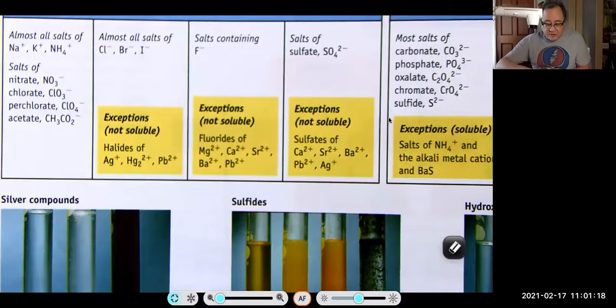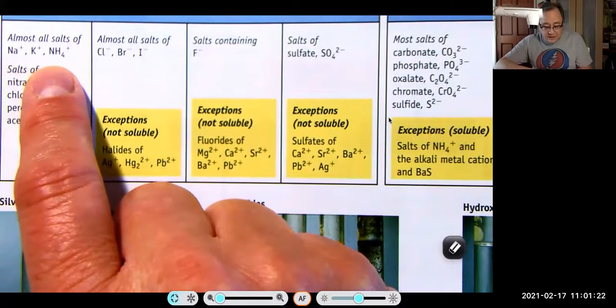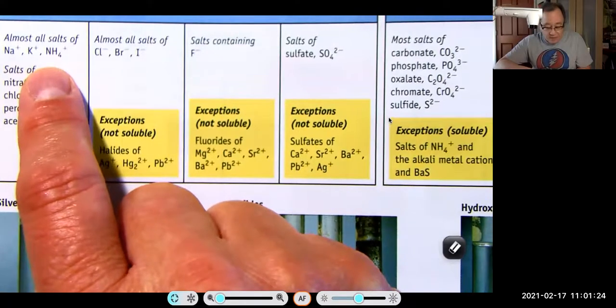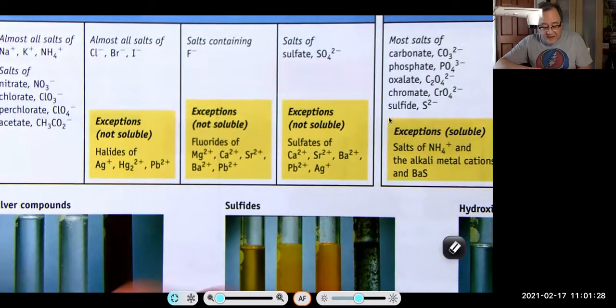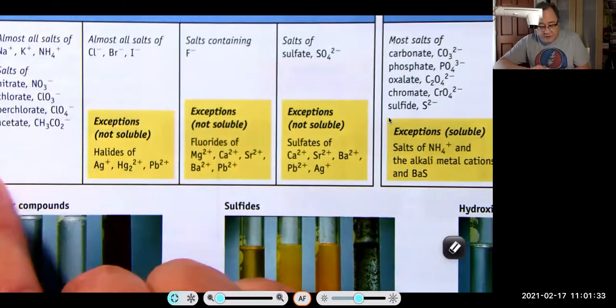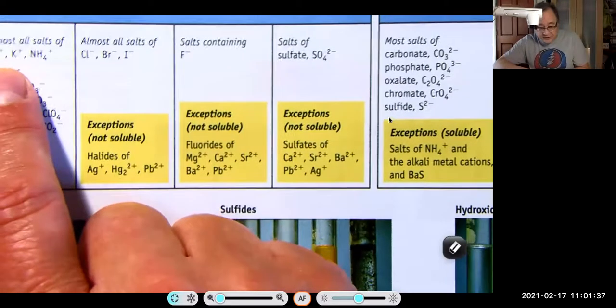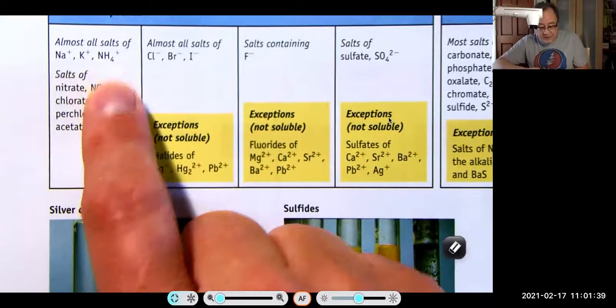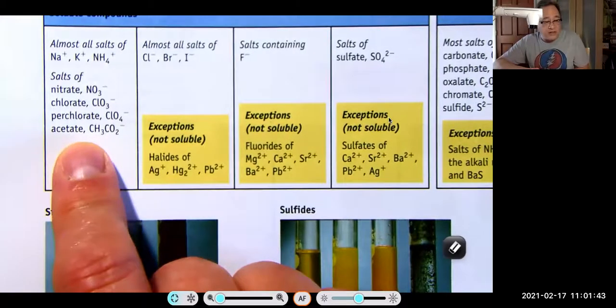Notice that sodium, potassium, ammonium: if you have an ionic compound with one of these three things in there, it's going to dissolve. If it's got acetate ion, nitrate ion, chlorate, or perchlorate. Now, the rules I gave you in my handout were basically group 1A ions, ammonium, nitrate, and acetate. And the reason for that is because we don't run into many chlorates or perchlorates.